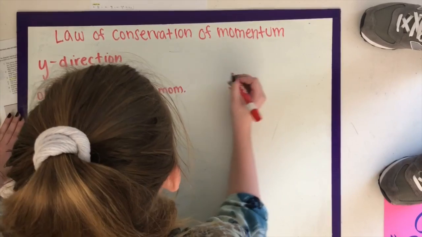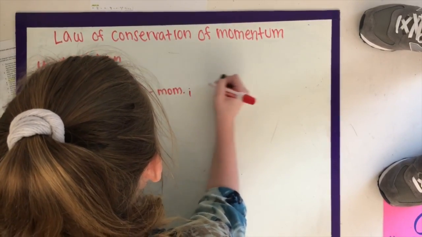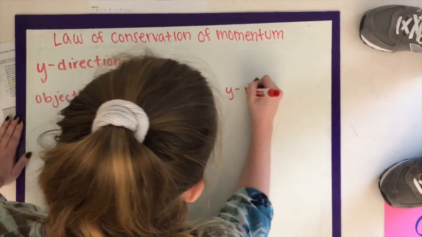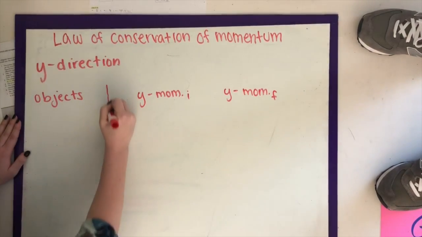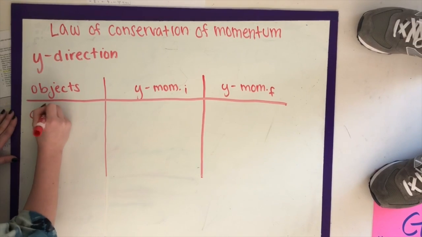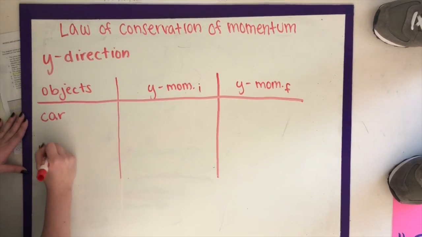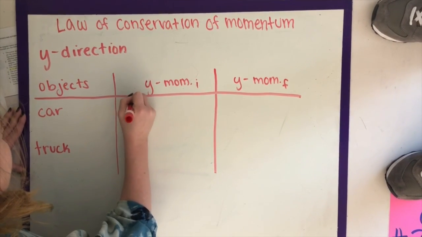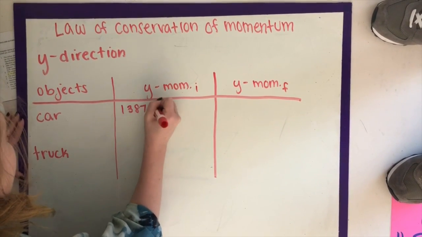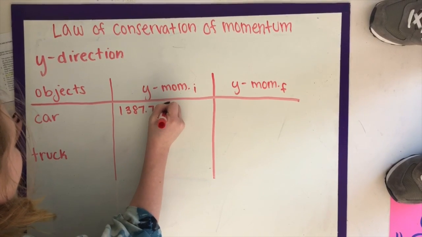Now we will find the initial velocity for the car going in the y direction. We will set up a momentum table with the objects, the y initial momentum, and y direction final momentum.